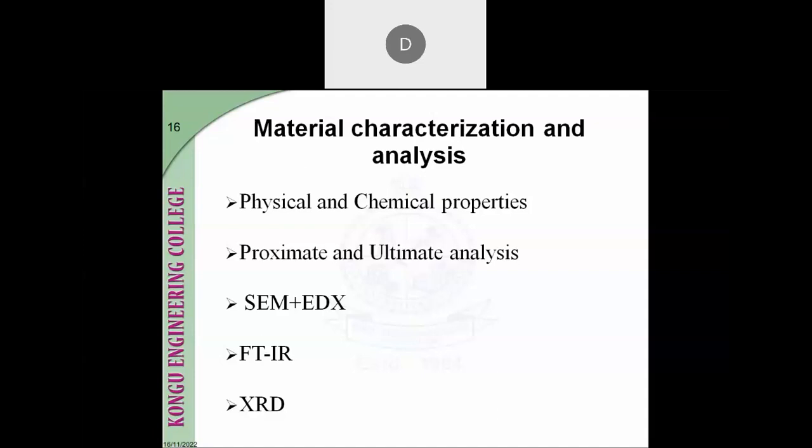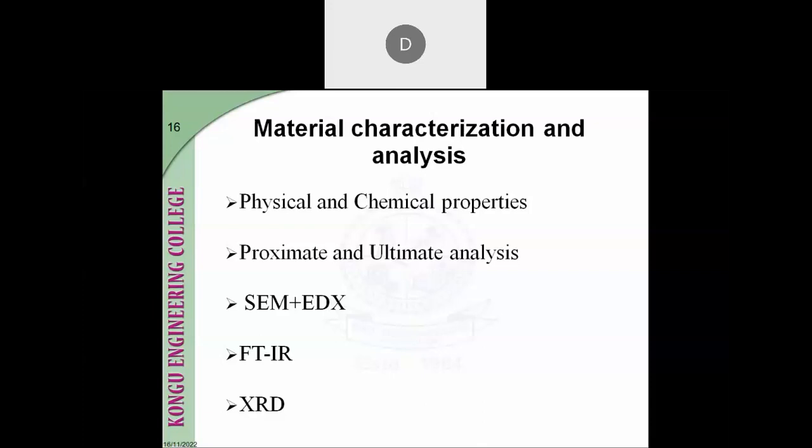FTIR spectroscopy was performed using a Bruker spectrophotometer. The surface area and pore size of the coconut shell based metal electrodes were determined using the BET method. All the analyses were based on standard methods.